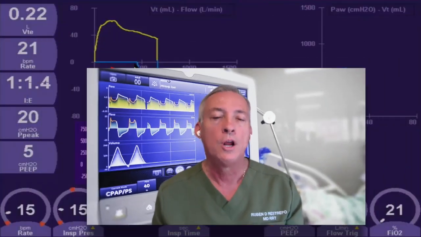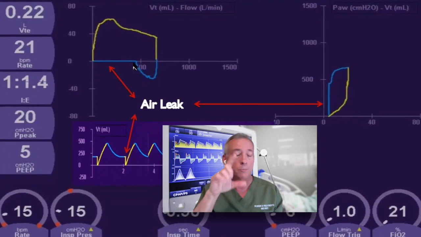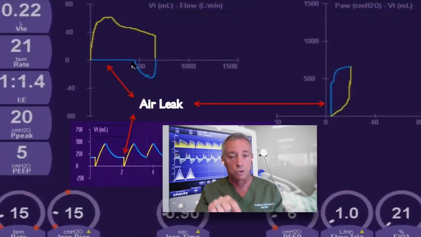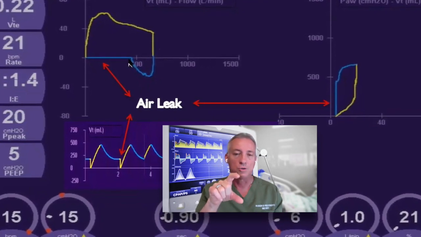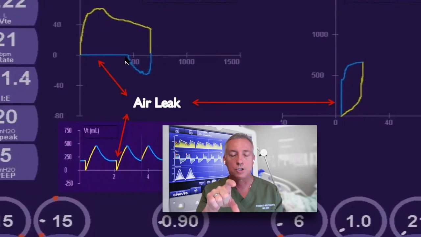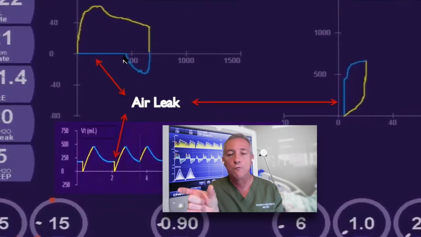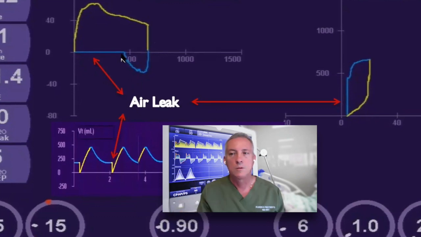Depending on the ventilator, you can also tell that this gap is indicated by a straight line that could cause, on a volume versus time, a check mark. But the size or magnitude of this gap is going to be the same on a flow volume loop and also on the pressure volume loop.